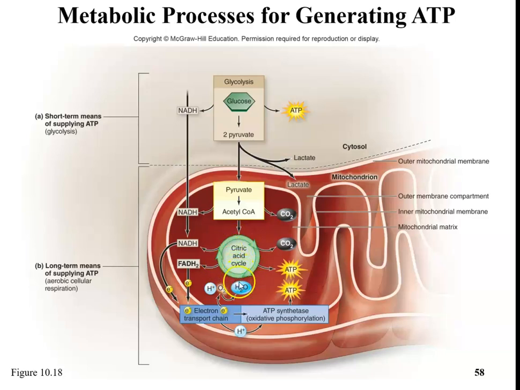And then all of these intermediate molecules that were made that are carrying electrons go to the electron transport chain and drop their electrons off with oxygen. And build up that proton gradient across the membrane. And the energy behind that gradient is what's used to power ATP synthase and produce new molecules of ATP.